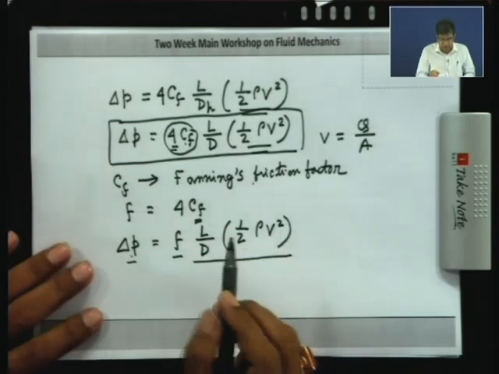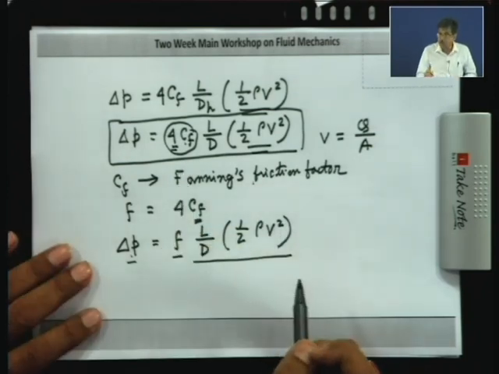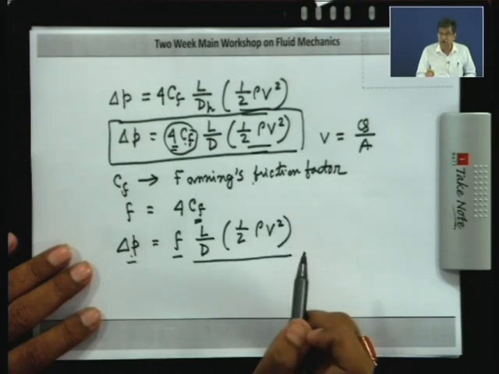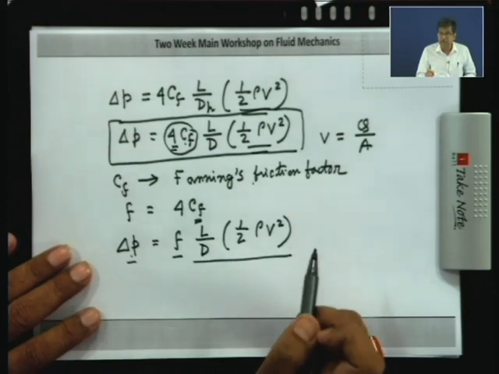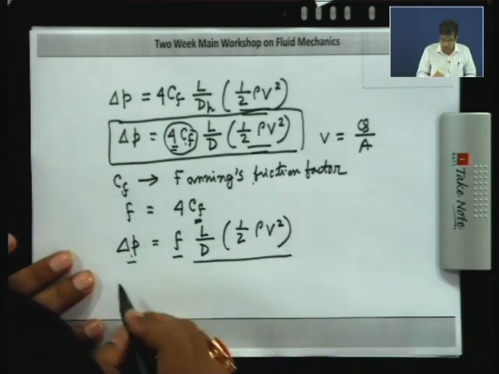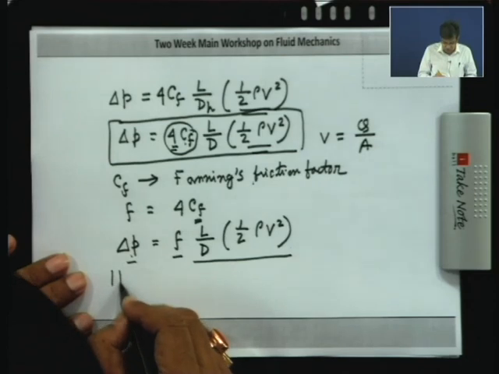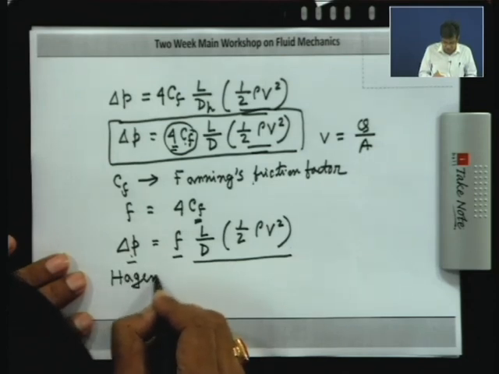Now, we have already solved the laminar flow equations, that is, fully developed, incompressible laminar flow through a cylindrical tube, that means through a pipe, which is known as Hagen-Poiseuille flow.